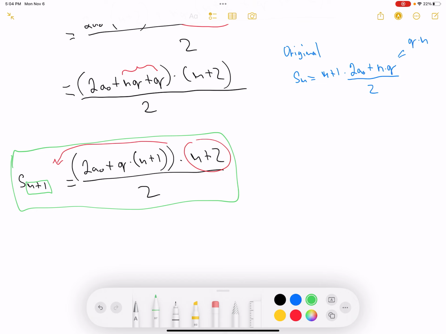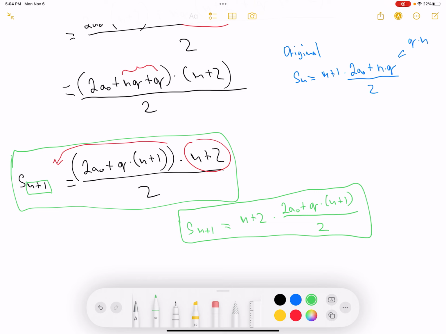So if we just rearrange the S(n plus 1), we get (n plus 2) times (2a0 plus q times (n plus 1)) over 2, right? Now, do those look similar? Let me highlight the n plus 1s everywhere.